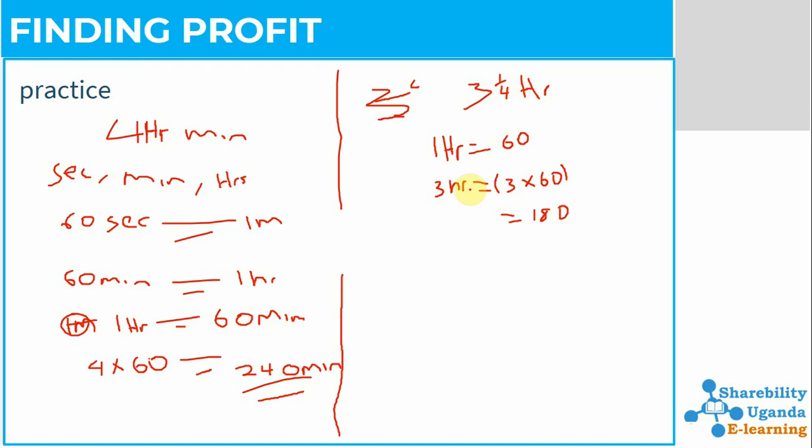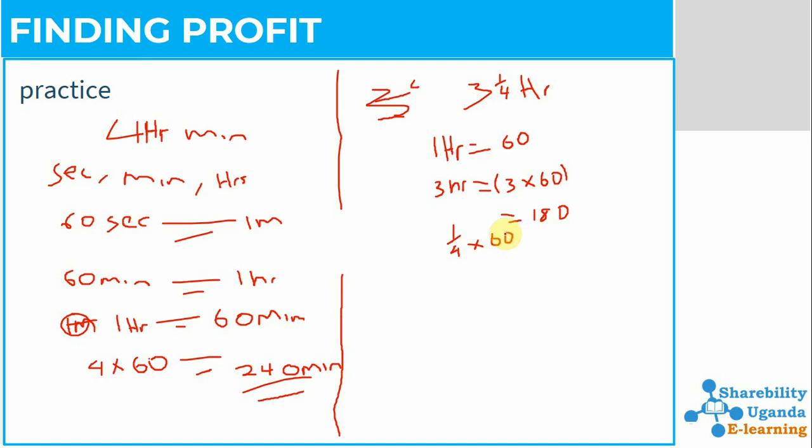How about now the quarter? A quarter plus a quarter times the 60.